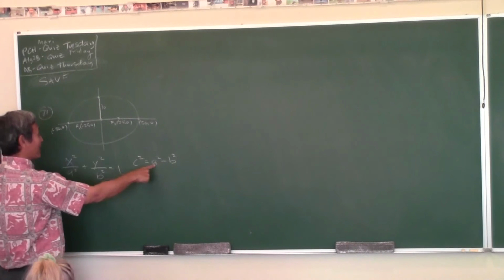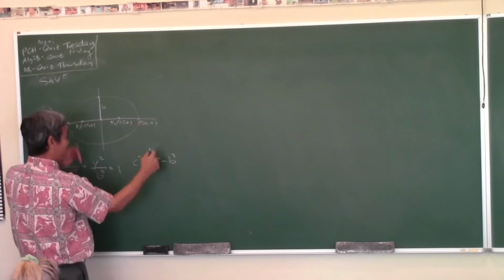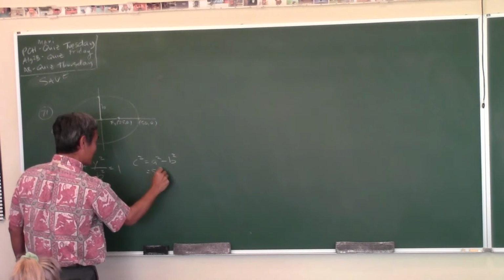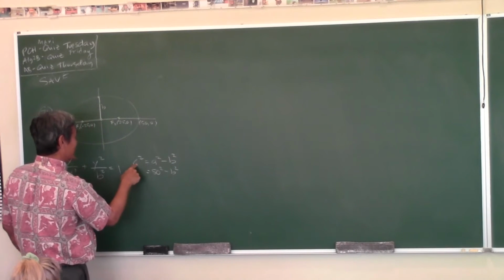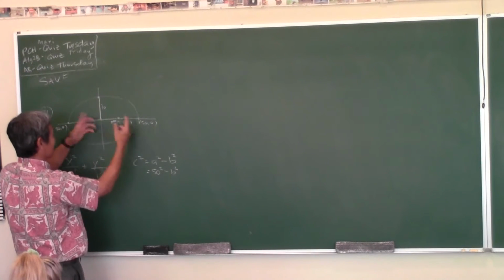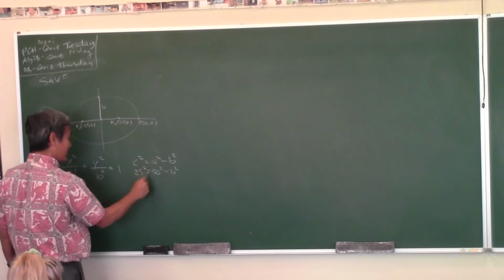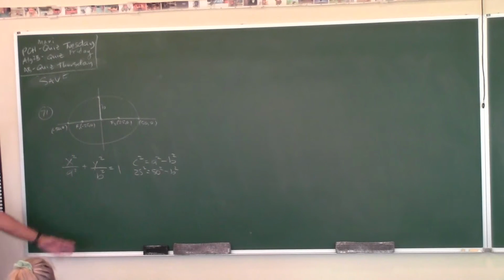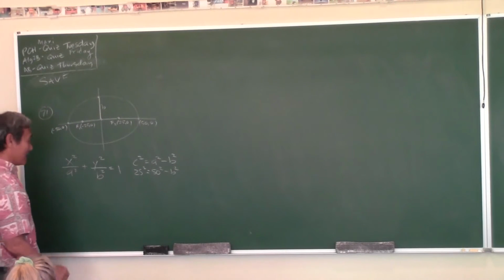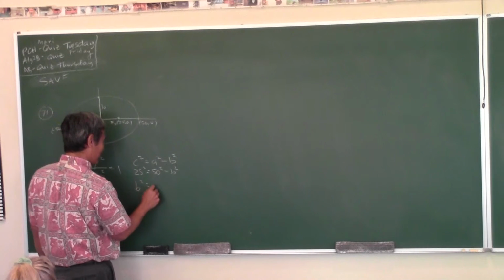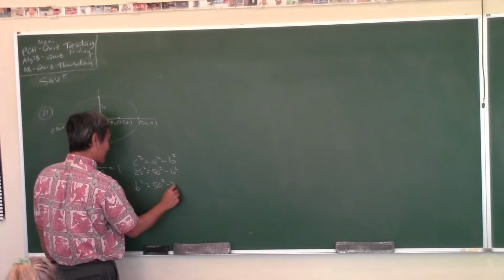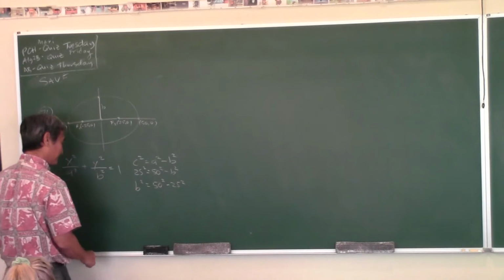So we already know what A is, right? A is from here to here, A is 50, so you put 50 squared there. And C is the distance from the center to the focus, which is 25. Can you figure out what B is from that equation? Yeah! So B squared is equal to 50 squared minus 25 squared.